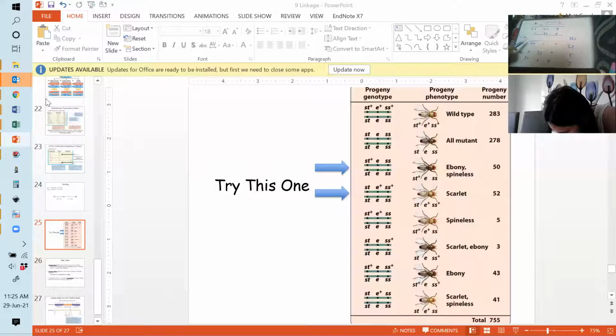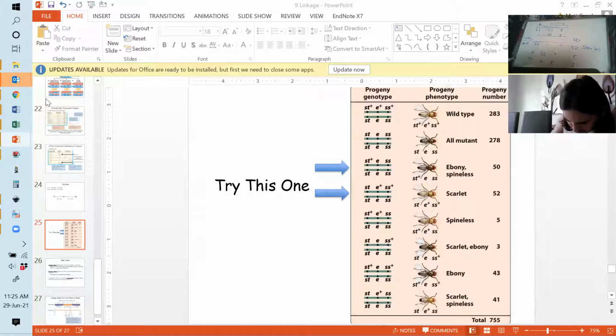Now you take this and go look at your screen. If I've got normal for these two genes and a recessive allele for this one, the ST stands for scarlet, so I'm going to look for the ones which are scarlet. You look down in this table in front of you, and we've got 52 of those.